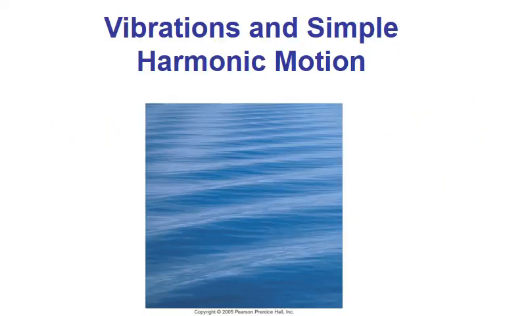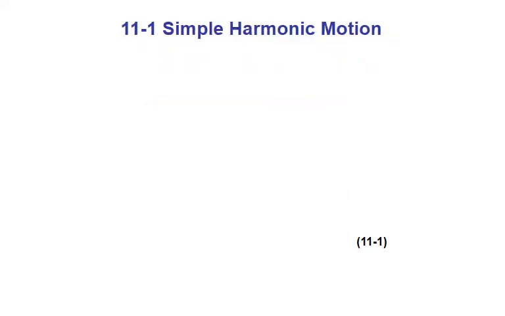And so when we deal with objects that are moving like that back and forth, we call that simple harmonic motion. And this is going to be directly connected to wave motion as we continue here.